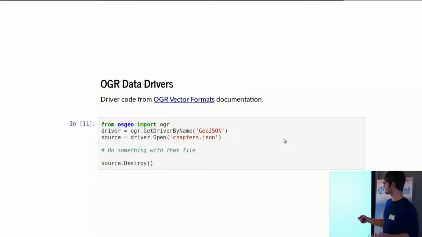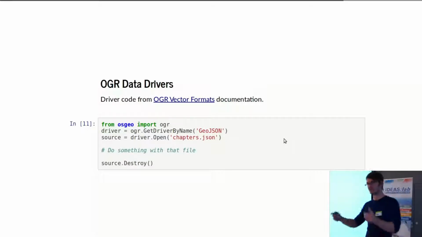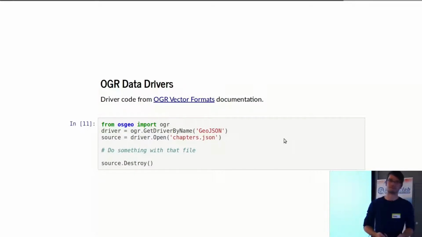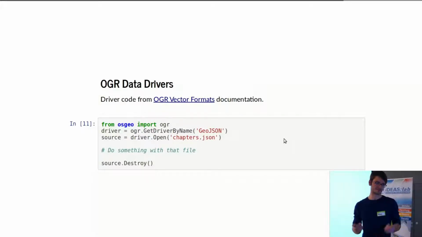In this link, you will see a whole list of all the file formats you can use, and then you can create the driver for this file format, and then you can open this file with it, and then you can do whatever you want with it. Then you have to destroy the source in case you use the script longer, or you can use the garbage collector.